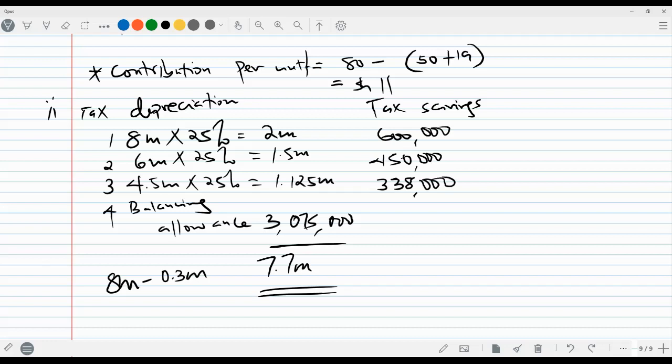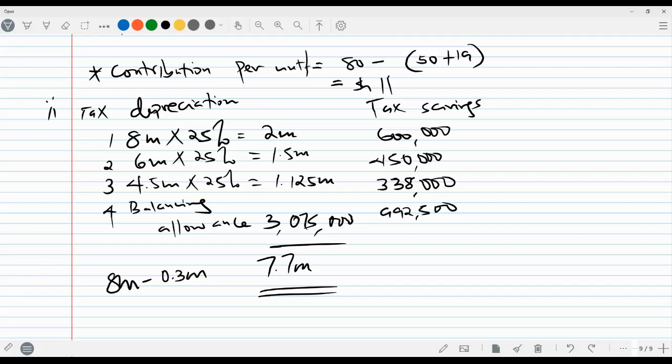And the final year 4? 922,500. Therefore, that is the tax saving for each of the years.